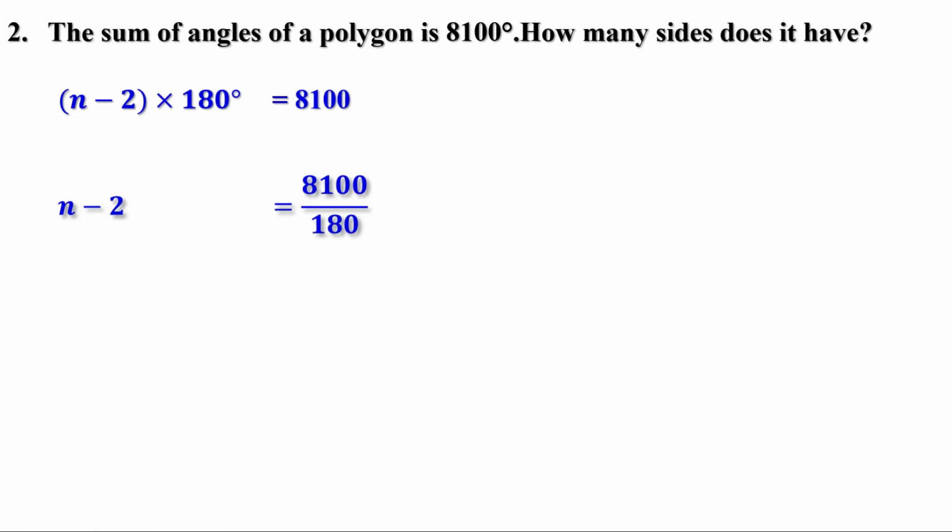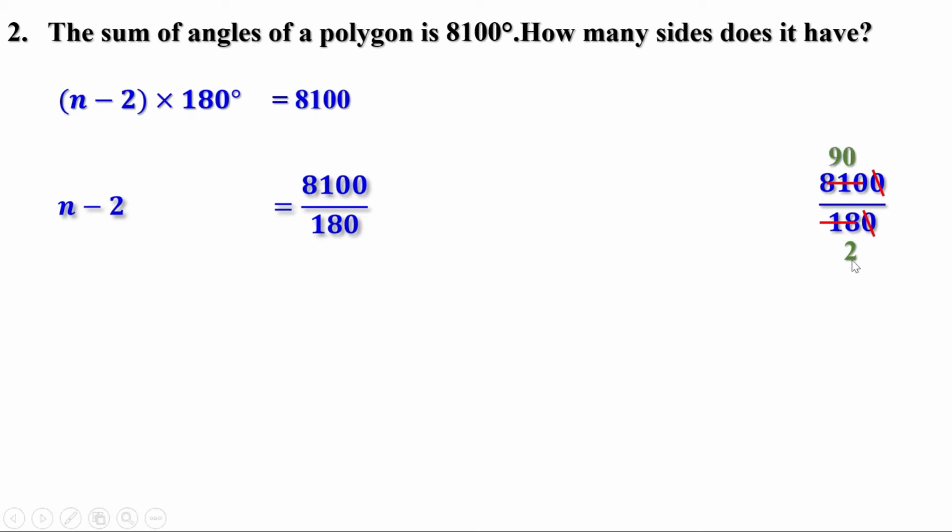We can simplify like this. We can cancel one 0 from numerator and denominator. Now we can divide 810 by 18. We know 2 nines are 18 and 9 nines are 81. Therefore, 90 nines are 810.